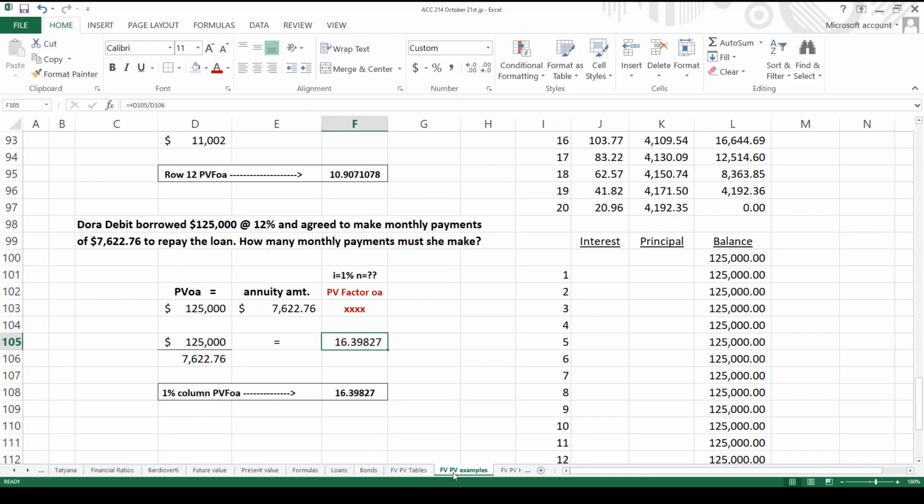You're thinking, this is bogus, I don't believe this. All right, let's see what happens here. What's our interest rate again? 1%. So the difference between 1250 and 7622 is going to go to principal, yeah?